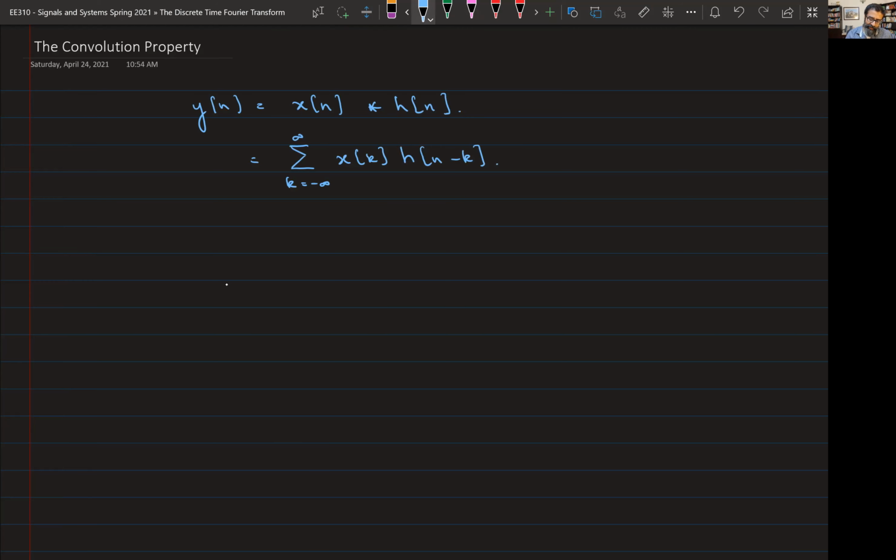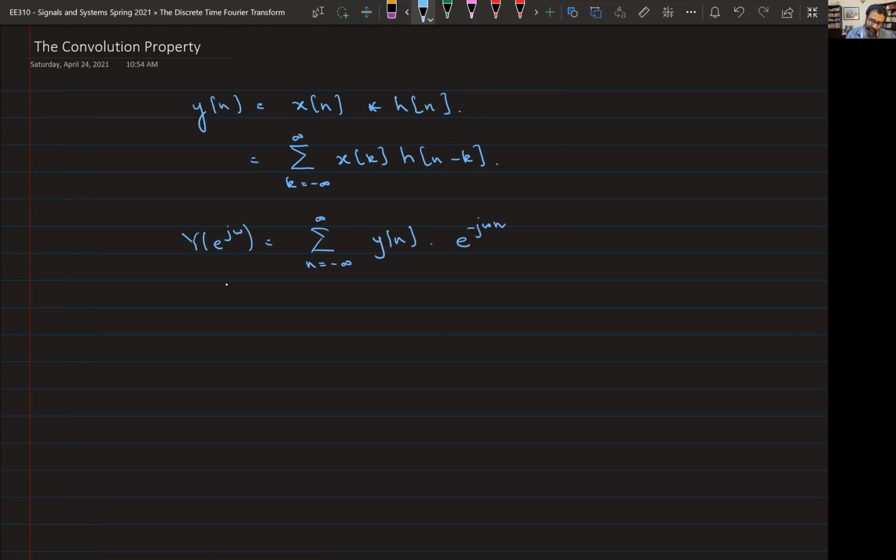And I am interested in finding the Fourier transform of y. If I just apply the definition, the summation goes from minus infinity to plus infinity of y of n times e raised to the power minus j omega n.